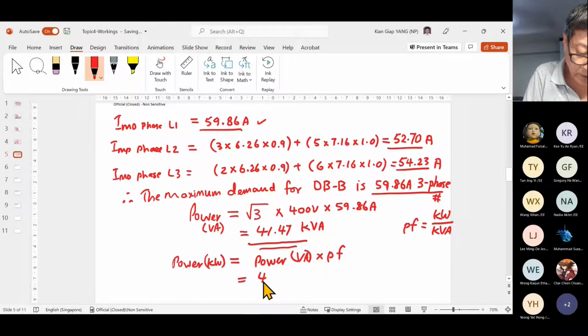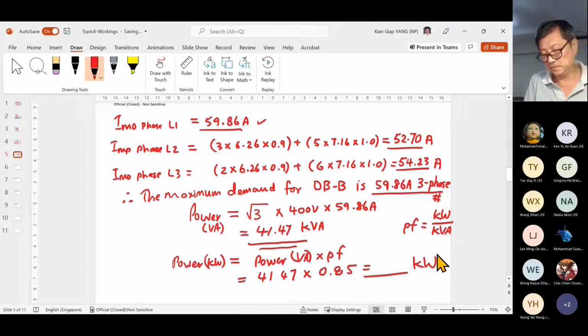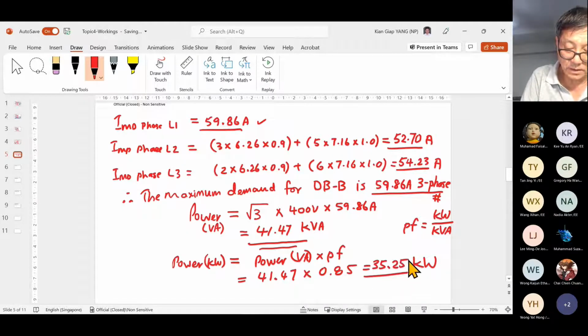So that will be 41.47 times 0.85. That will give me the power in kilowatt. So it's 41.47 times 0.85. That will be 35.25 kilowatt. So that's the power.